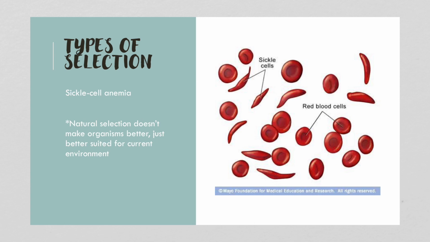So you're not getting sick and dying from malaria, but because you're heterozygous, you're a carrier for sickle cell anemia. And if you have children with another carrier, there's a chance that your children will have sickle cell anemia. So natural selection doesn't make organisms better, it just makes them suited for their current environment. A heterozygous individual isn't better, but they are suited to survive in areas where there's a lot of malaria.